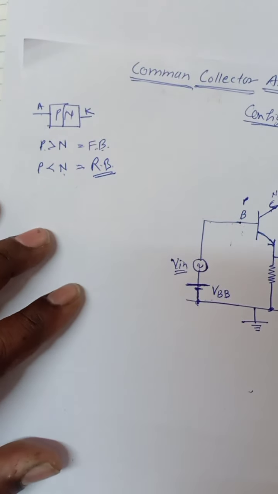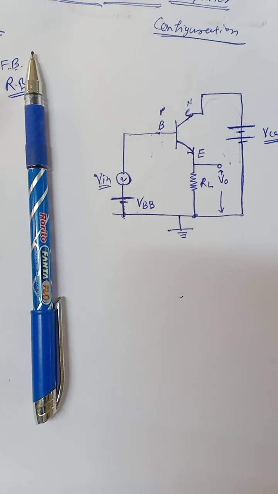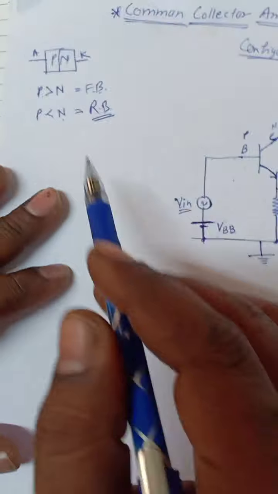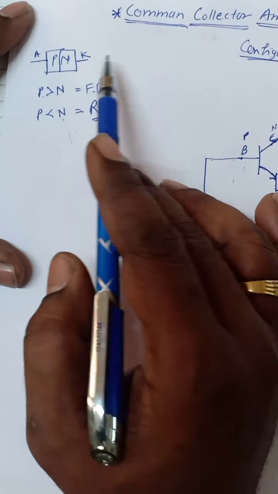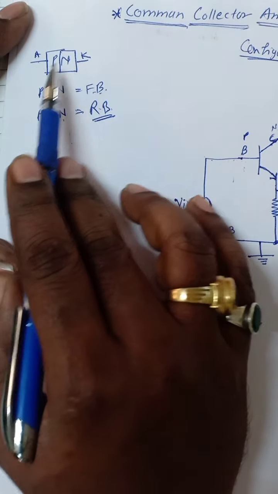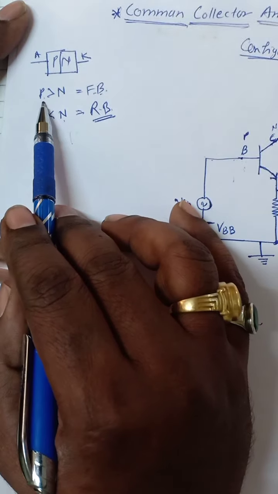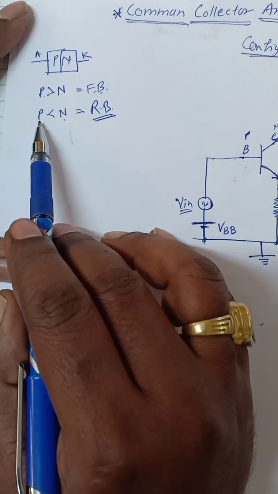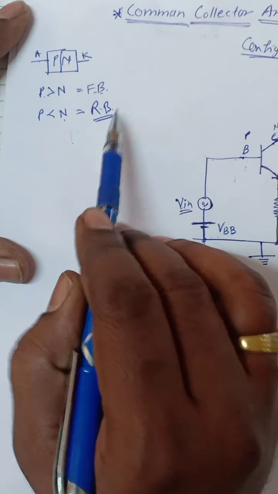This is the most important, this is very important. For anode and cathode, if P is greater than N, it becomes forward biased. If P is less than N, it becomes reverse biased.